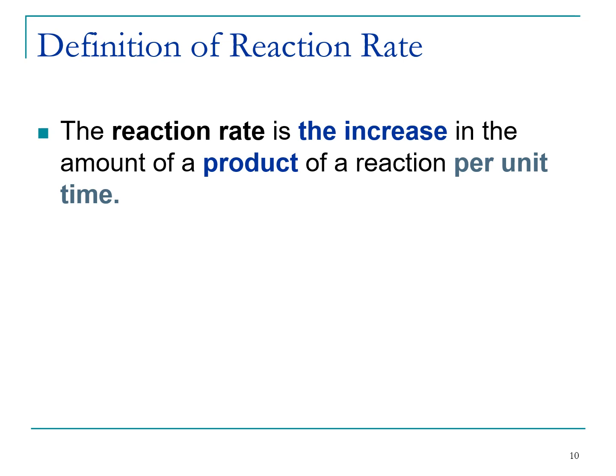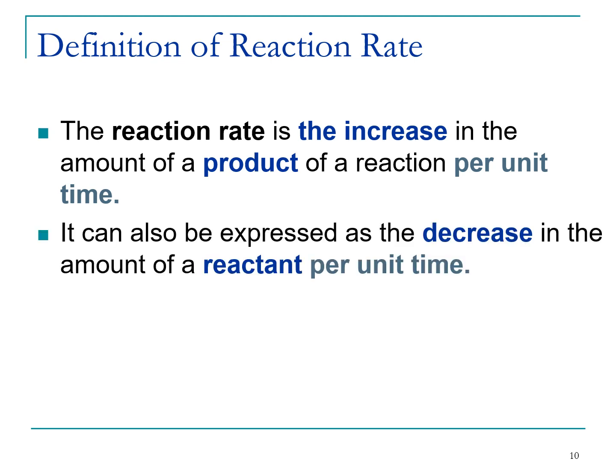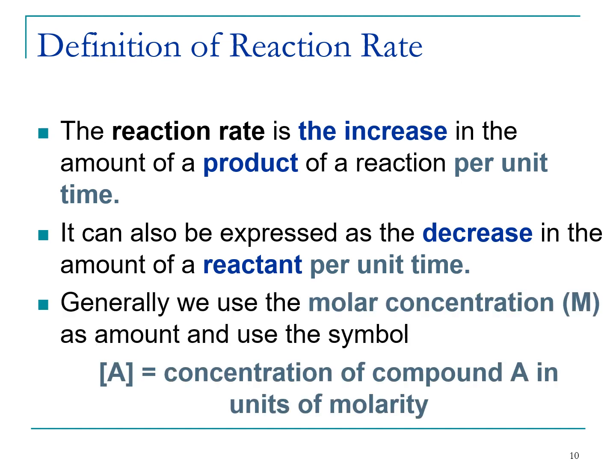Of course, it doesn't have to be hours. It could be minutes, seconds, or years, but per unit time. Usually we look at how much of the product is increasing over time, or we can also express it as how much of one of the reactants is decreasing over time. Since it's chemistry, probably the most likely unit that we'll be looking at will be the molar concentration, molarity.